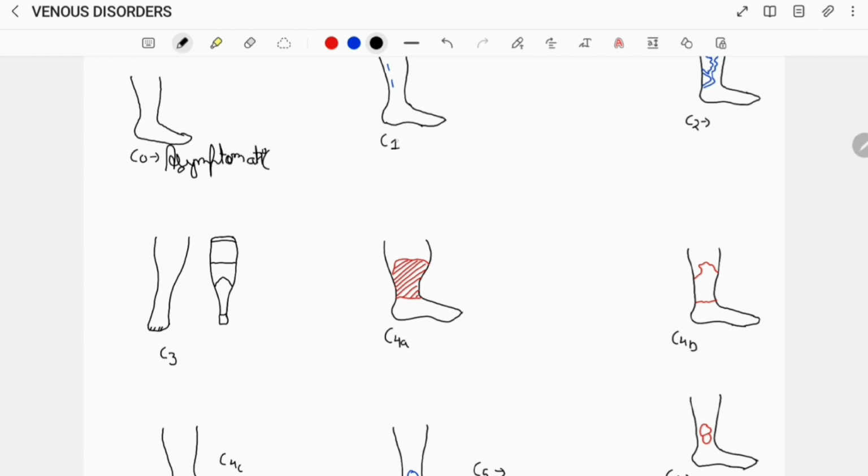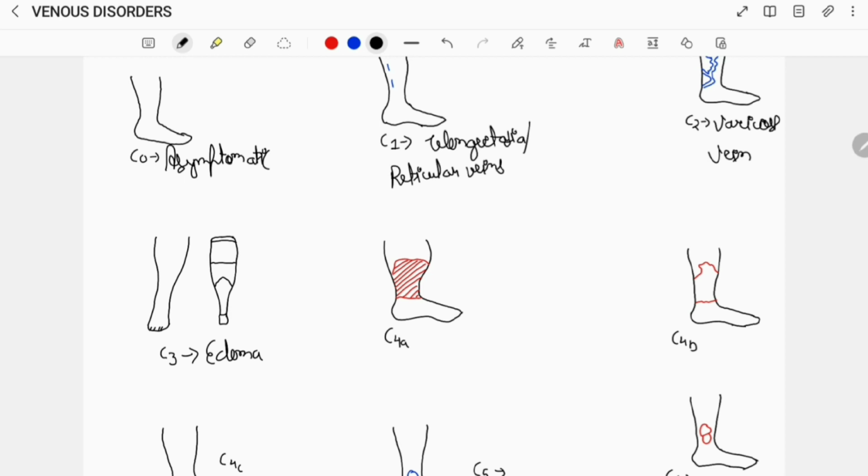C1 means that either there is telangiectasia or there are reticular veins, which I've already discussed above. C2 means that there is a varicose vein. C3 means edema, that also I have discussed above.